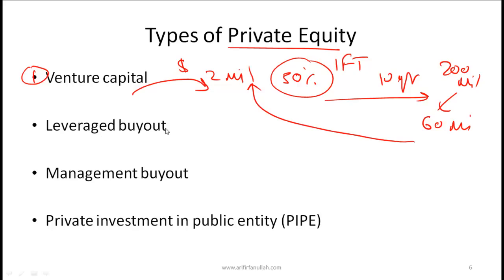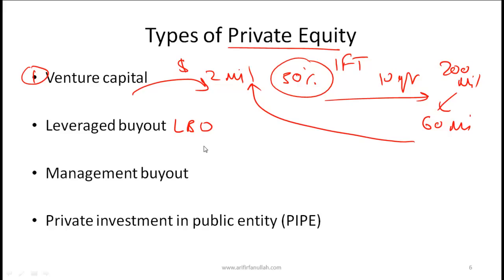A leveraged buyout, also called LBO, is when money is put into a firm that is already running. Unlike VC, venture capital, which is used to fund startups, a leveraged buyout is used for established companies that are running and have a cash flow.